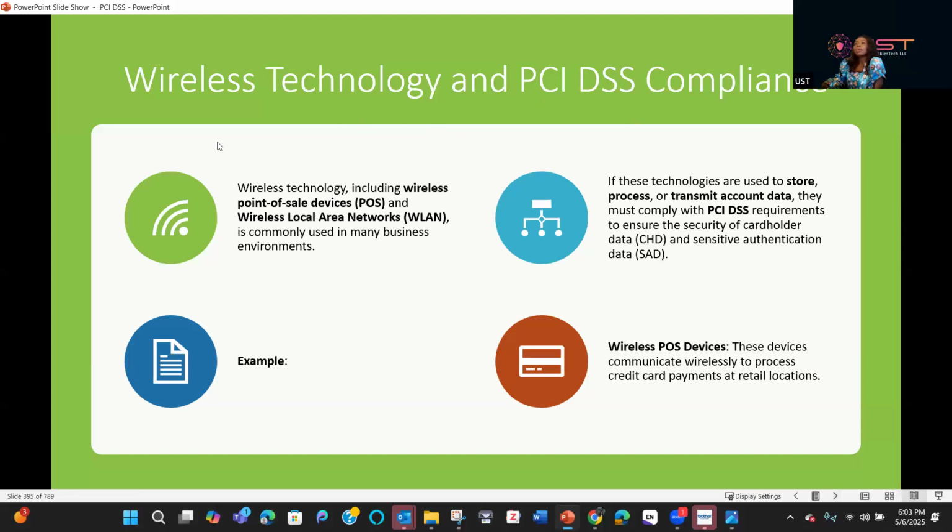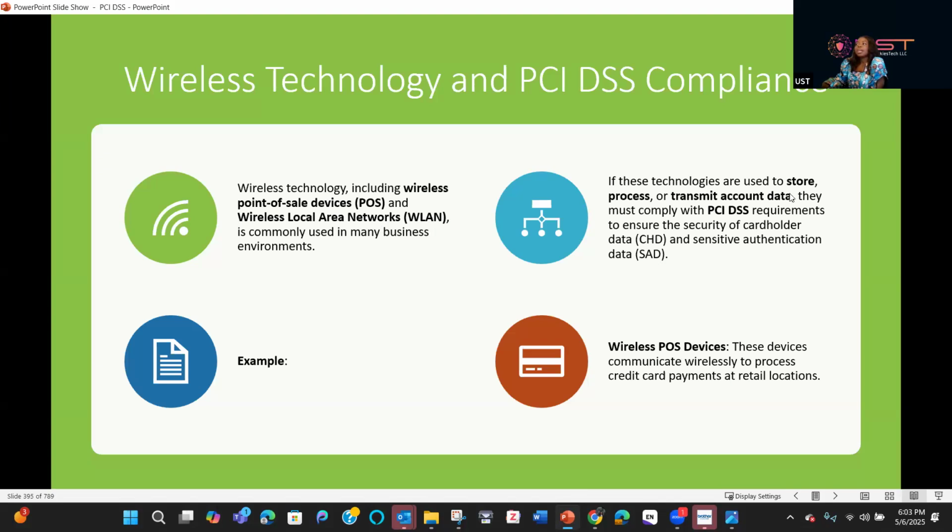Then we talk a little bit about wireless technology as it relates to PCI DSS compliance. As of now, with our networking videos that I've covered, this again should be straightforward. Wireless technology, including wireless point of sale devices such as your POS and your wireless local area network, is commonly used in many business environments.